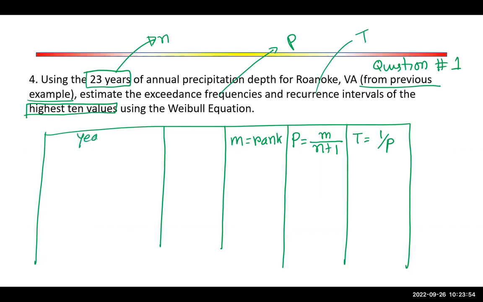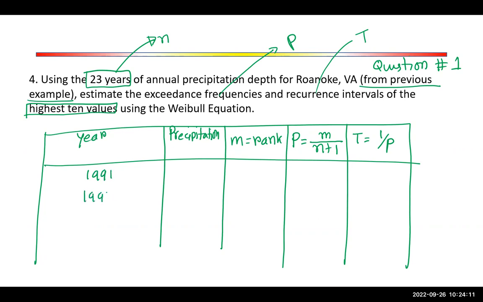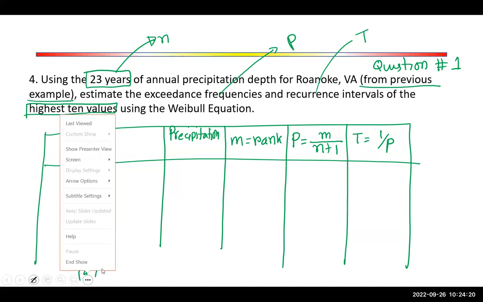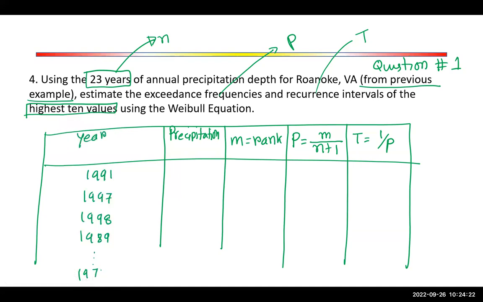Okay, maybe this is the year, this is the precipitation. I don't know what will be the result you will find. I'm just using some arbitrary value. Okay, so 1991, 1978, 1989, 1972, maybe something like that, right?